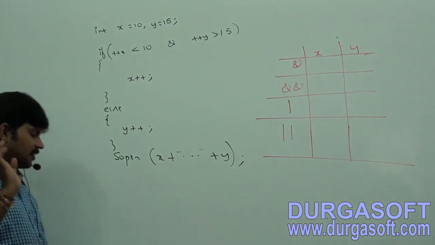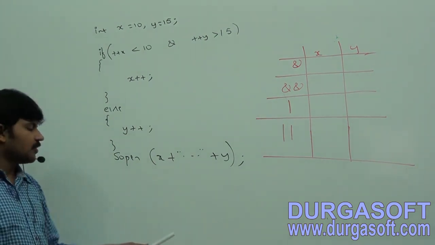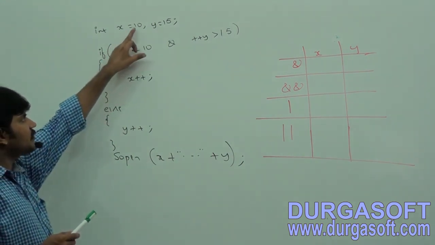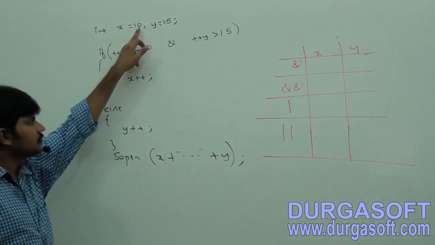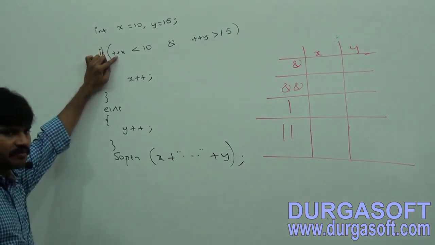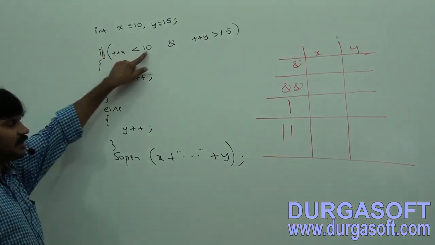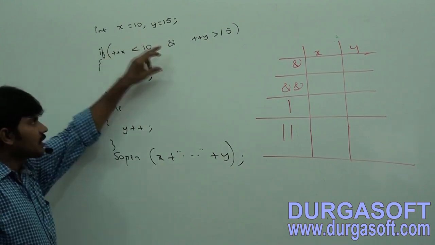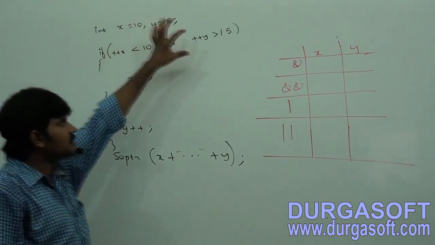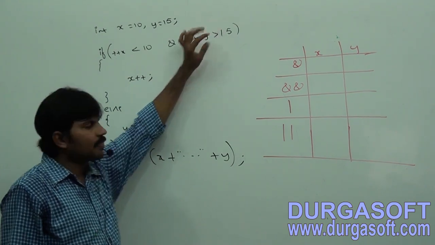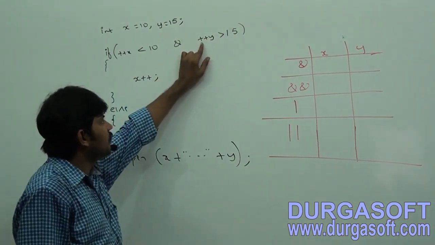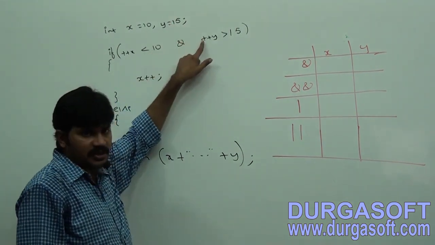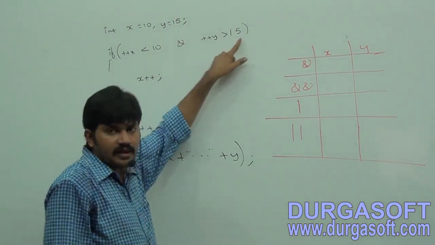Now let me explain. Observe carefully. What is the x value? 10. ++x gives 11. 11 less than 10, false. If it is false, with a normal and the second one also should be evaluated. That's why ++y: y value 15, ++y is 16. 16 greater than 15, true.